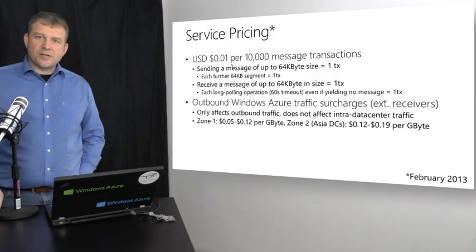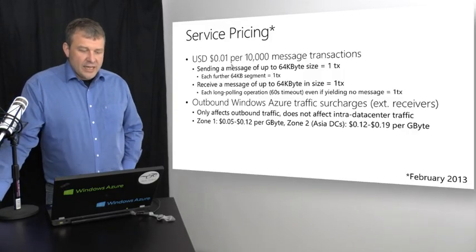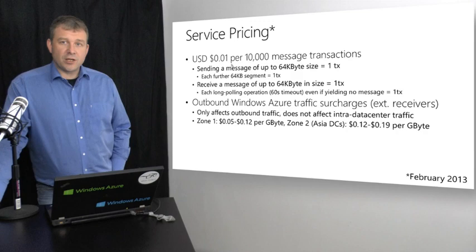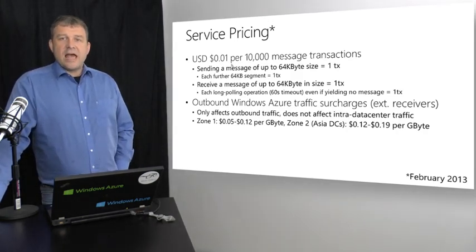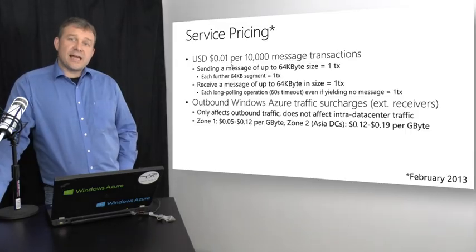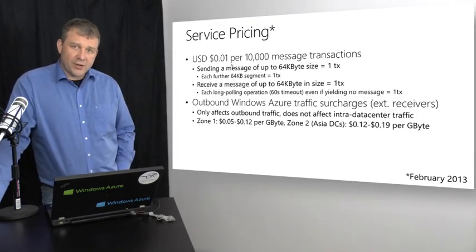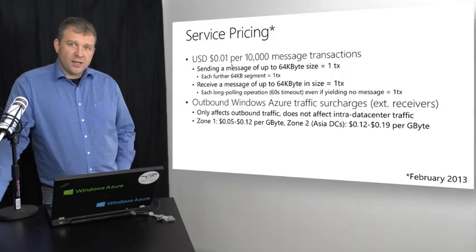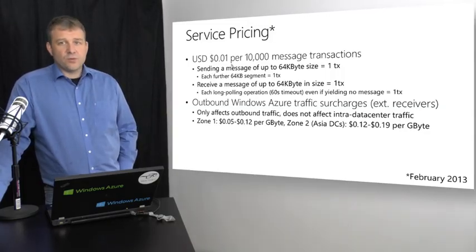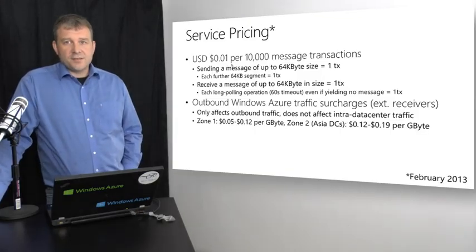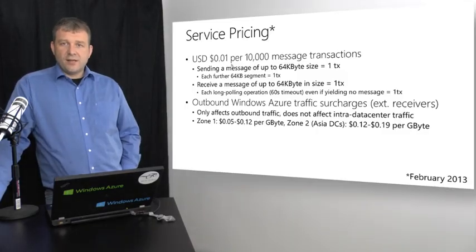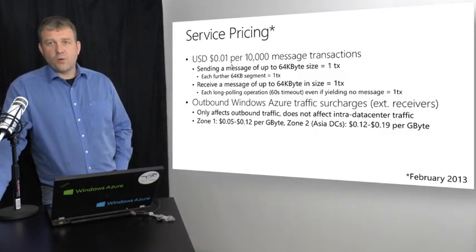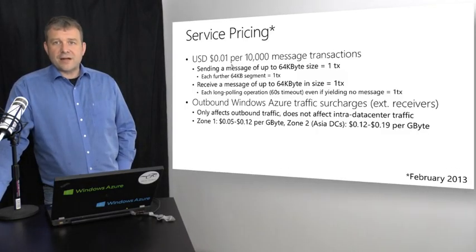And the message transactions function as follows. If you send us a message and the message is not larger than 64K, that's one transaction. So that's very simple. Every further 64K segment also counts as a further message. So if you send us a message that's 250K, that is 4 segments of 64K, 3 of full 64K, 1 with a fraction of 64K.